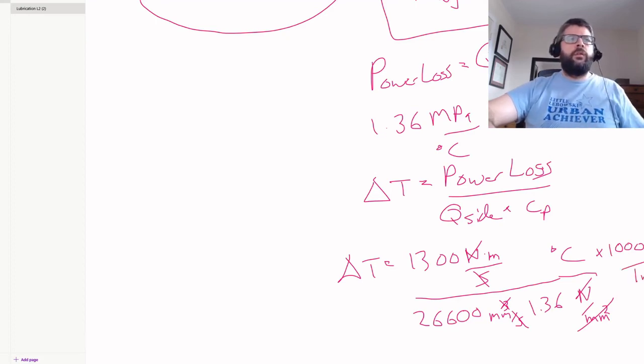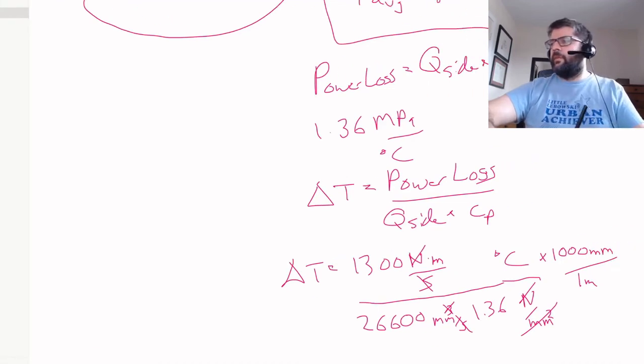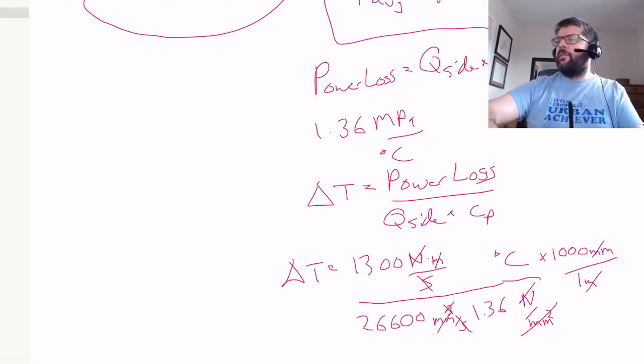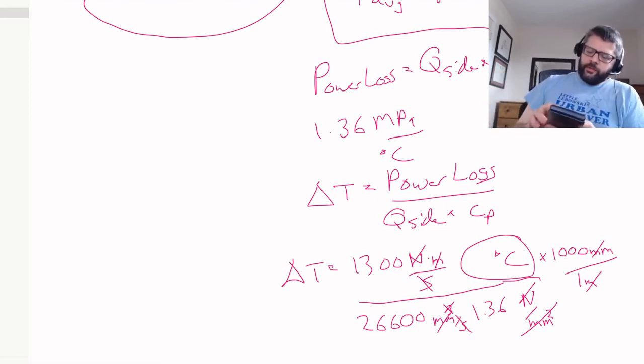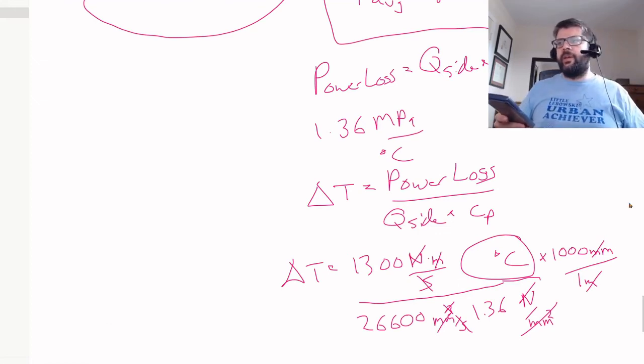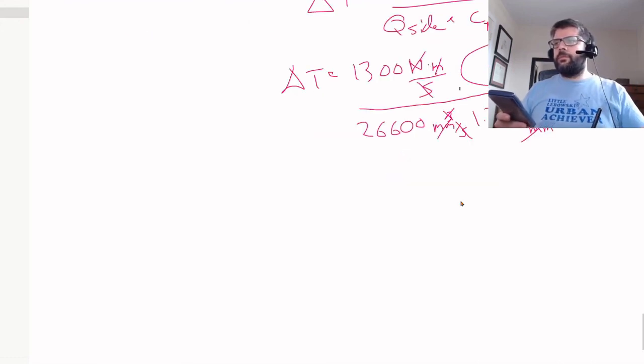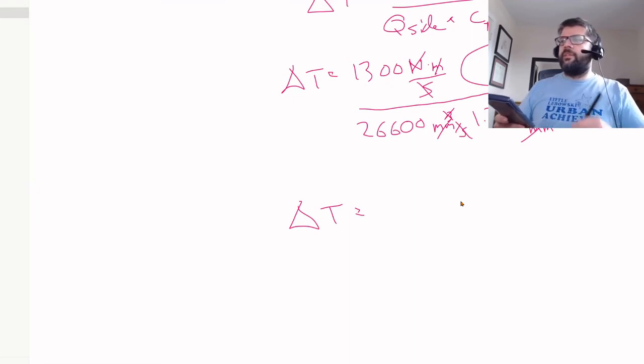So the meters cancel out, our millimeters cancel out down here, and we're left with a delta T in terms of degrees Celsius. So 1300 times 1000 divided by 26,600 times 1.36 gives us a delta T of 36 degrees Celsius.